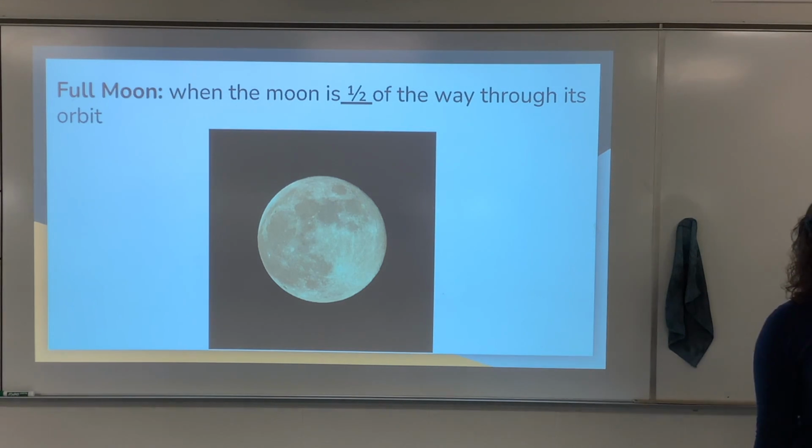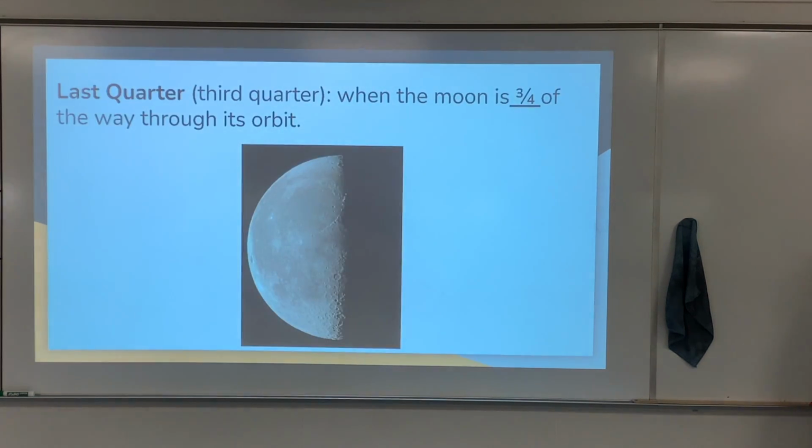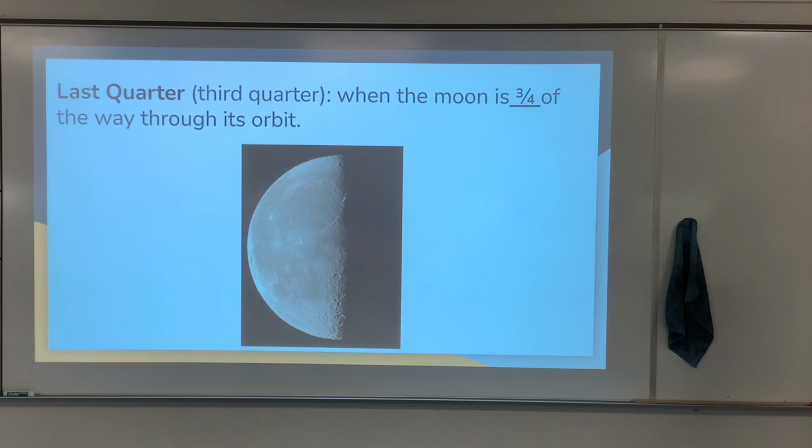A full moon is when the moon is halfway through its orbit, and we see the entire moon illuminated. Again, because the illuminated half of the moon is what is facing us. And the last quarter moon, which is sometimes called the third quarter moon, is when the moon is 3/4 of its way through its orbit.